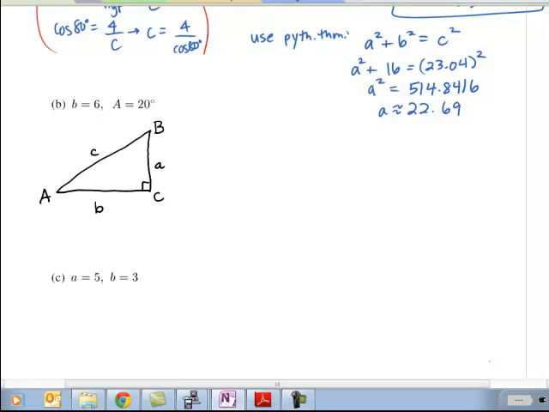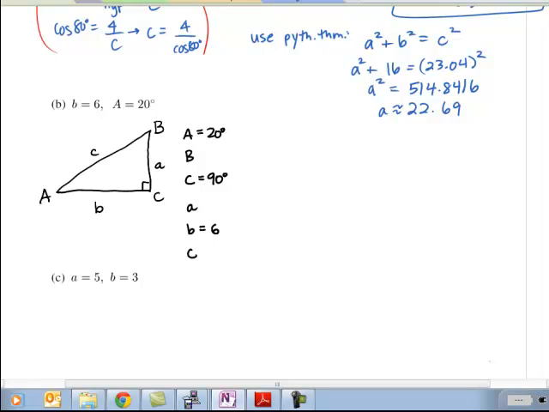So when we were told to solve this triangle, we need all of the angles and all of the sides. What's given here is that angle A is 20 degrees and side b is 6. It's also given that angle C is 90 degrees.